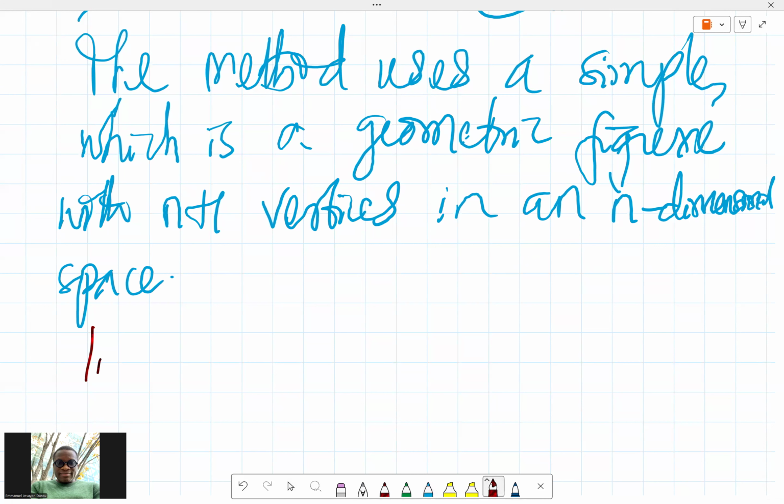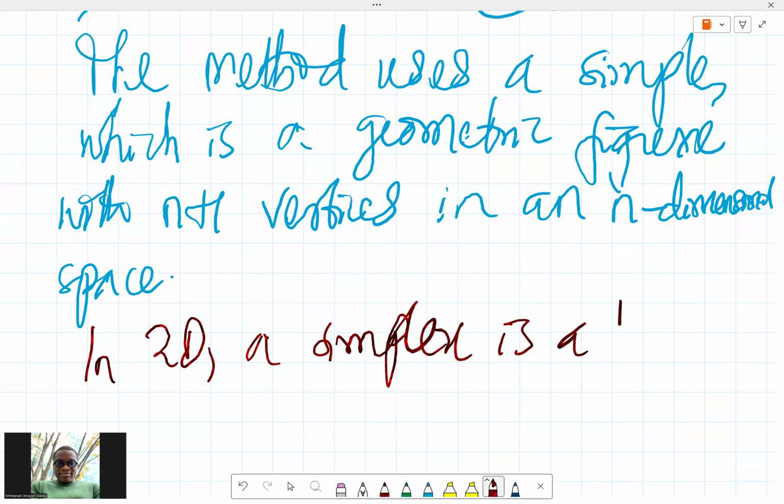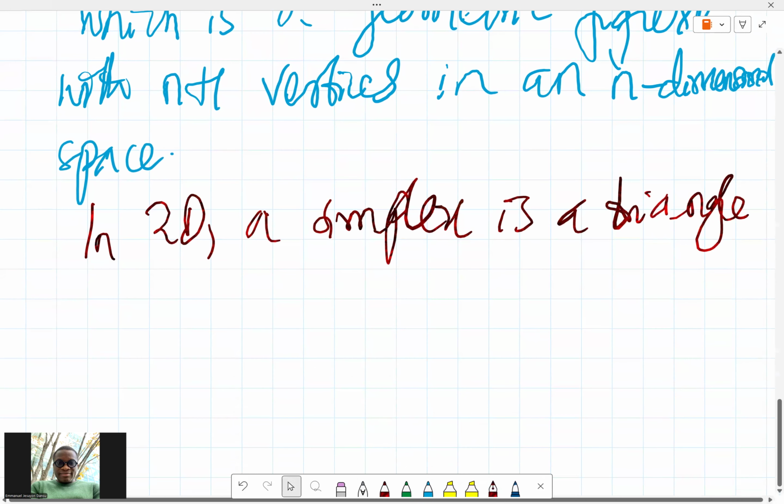In 2D, a simplex is a triangle, and in 3D, it's a tetrahedron. I think we talked about this in the introduction video.